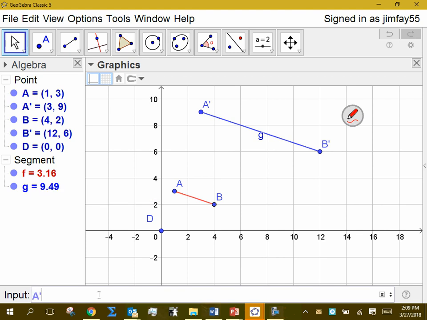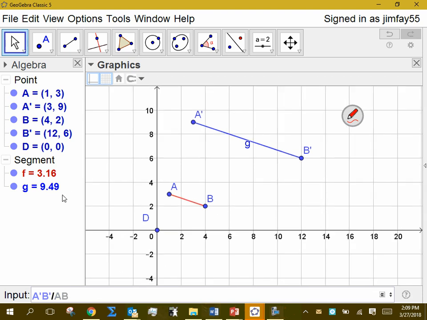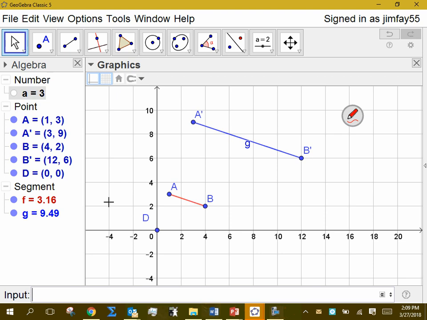Can I take A prime B prime and divide it by AB? Taking this blue number divided by the red number gives me 3. Why does it give me 3? Because our scale factor was 3. So we enlarged this by a factor of 3, so distance was changed by a factor of 3.